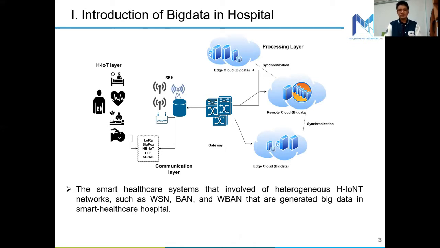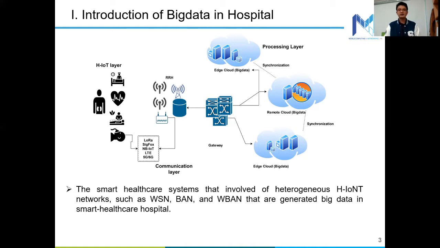This health Internet of Things sensor will be attached to the human body to sense specific health status information of the user, and send the information to the hospital cloud in order to perform processing for a specific purpose.